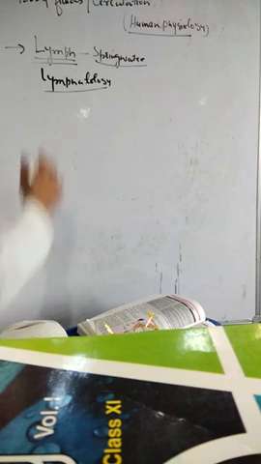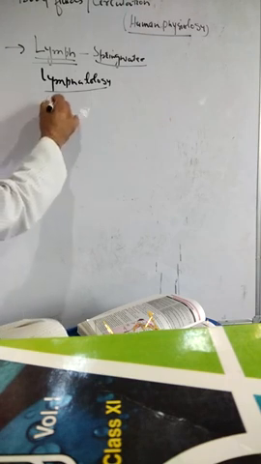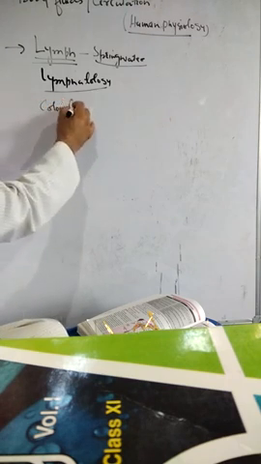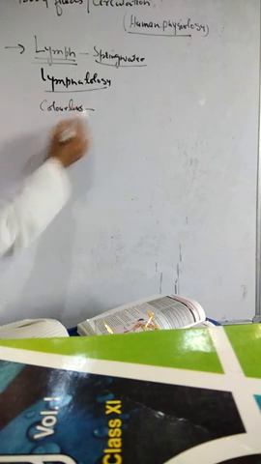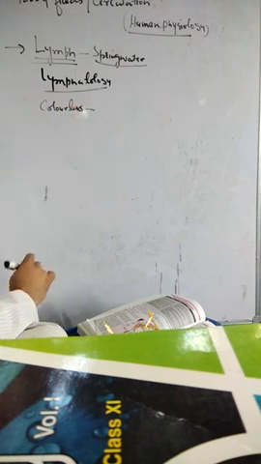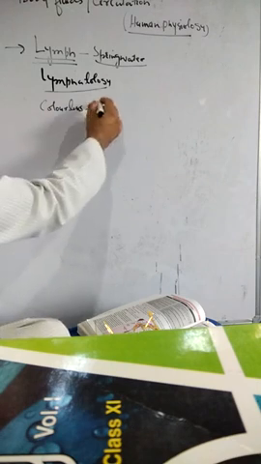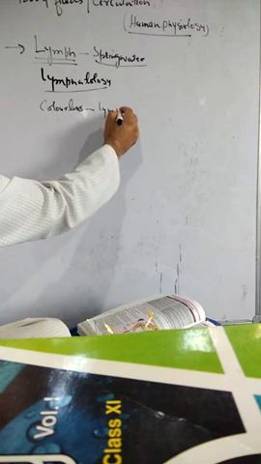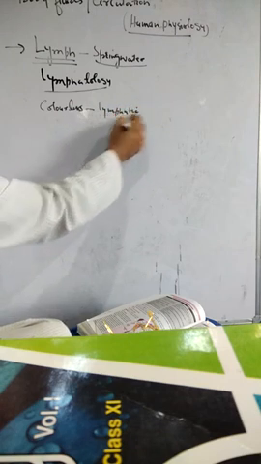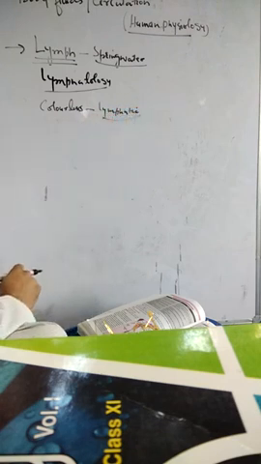It comprises a colorless fluid, called lymph. It is transported through a fine network of channels, the lymphatic capillaries, which transport this lymph from one part of the body to another.